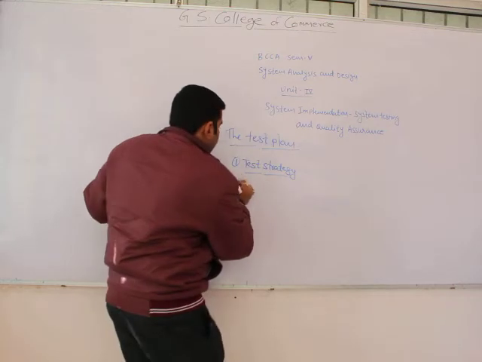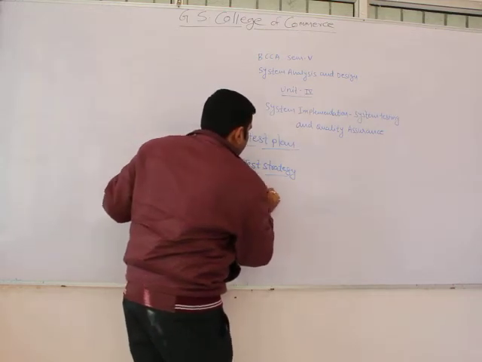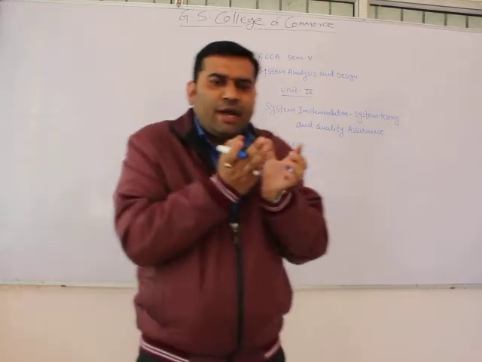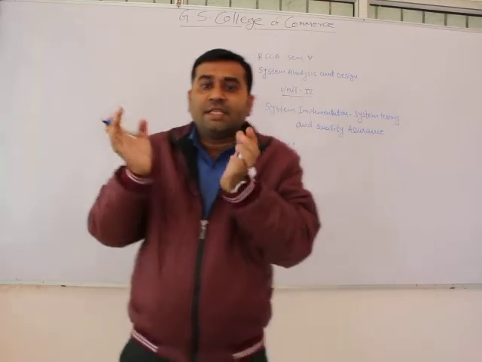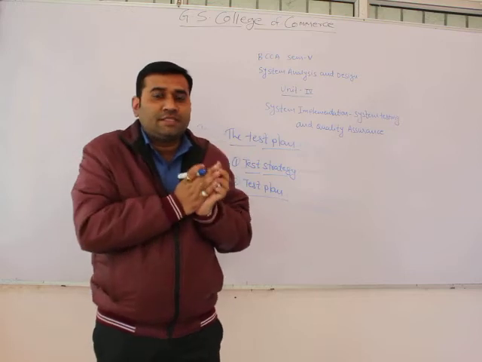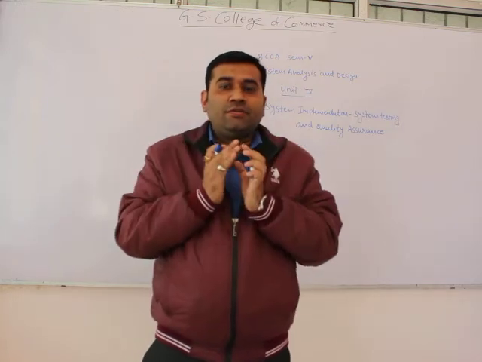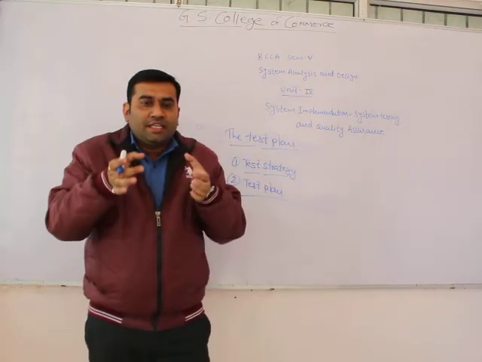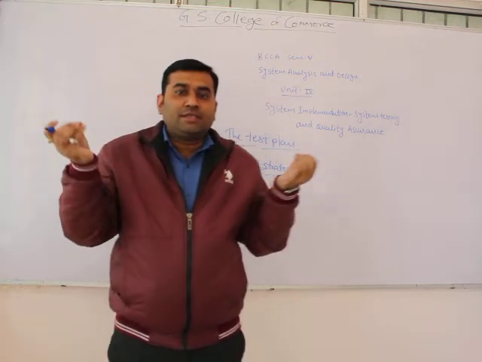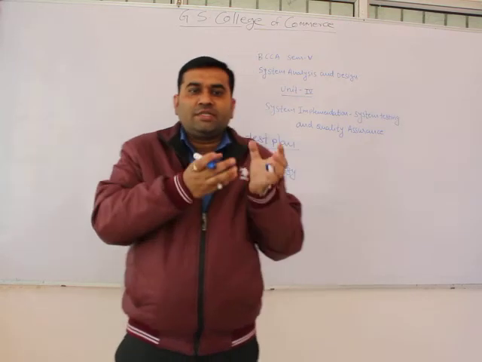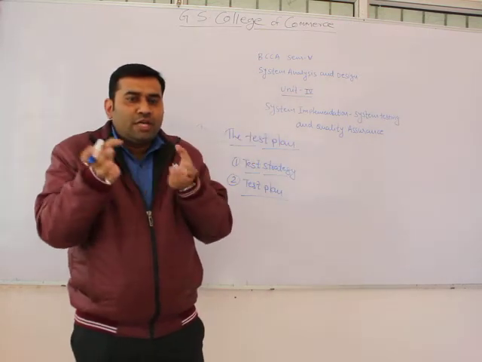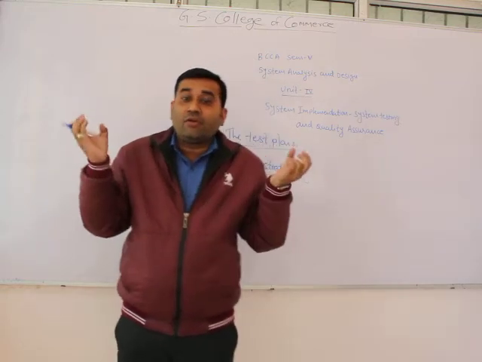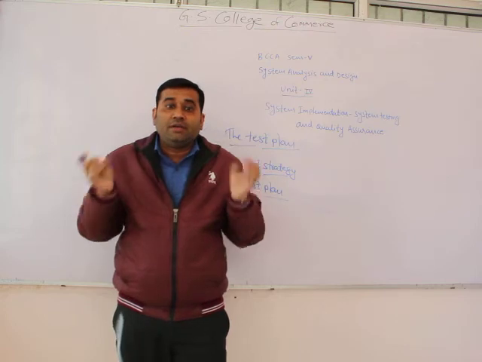Second is the test plan. The test plan provides the plan for testing the system and verifies that the system under testing fulfills all the design and functional specifications. The test plan provides various types of information: the approach and tools used for testing, and the responsibility and time required for each testing activity.